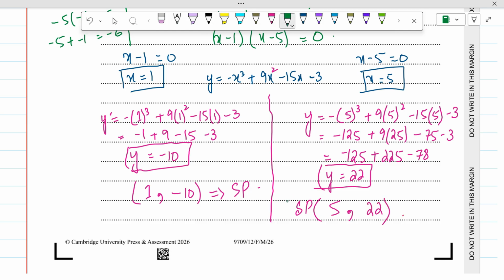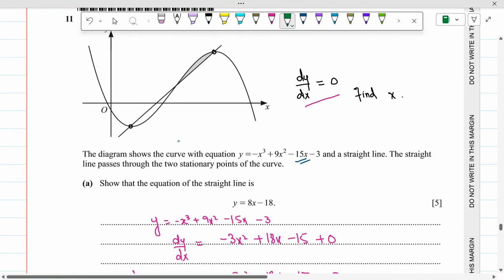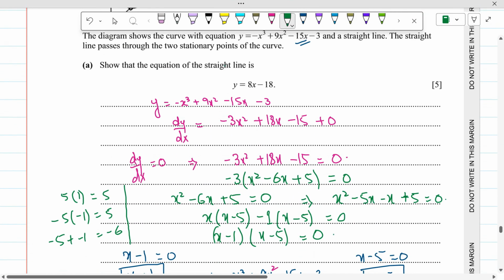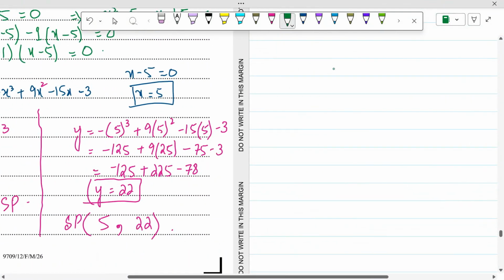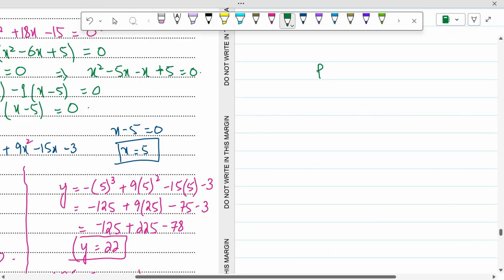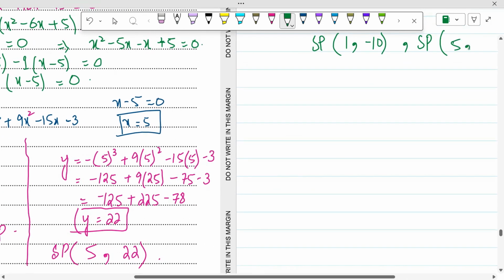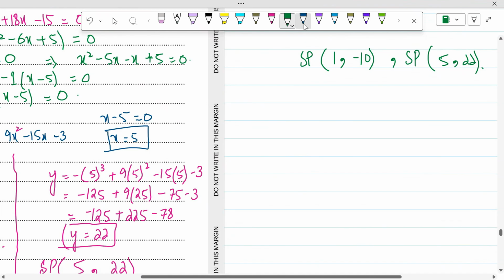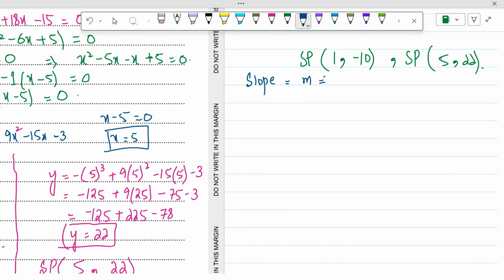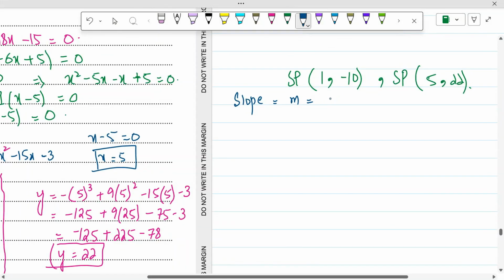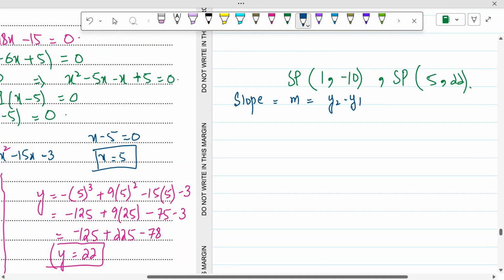Using these two stationary points, which are also points on the line, we can find the equation of the line. So we have two points: stationary point 1, which is 1 and negative 10, and another stationary point, which is 5 and 22. First we find the slope. Slope m is equal to y2 minus y1 over x2 minus x1.